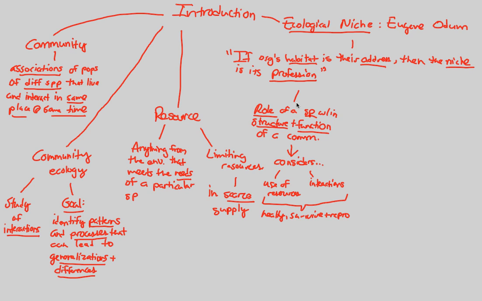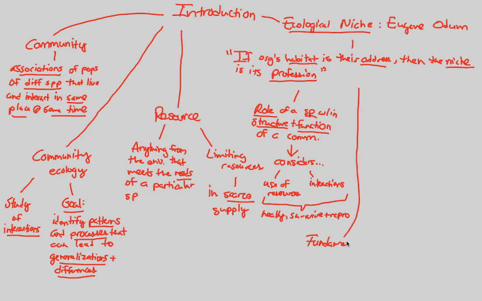You've reached those points. So speaking of reaching a profession, getting a good job within your environment where you live, there are two main components to understand. And those go hand in hand with Eugene Odum's idea of a niche being a profession. An ecological niche can either be, there are two types of niche that you should understand.